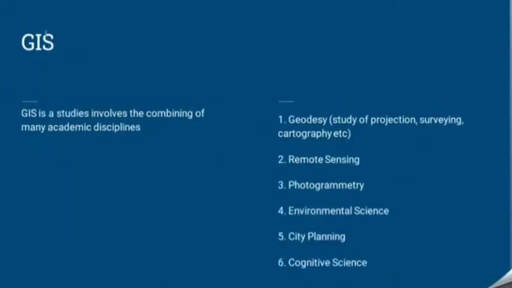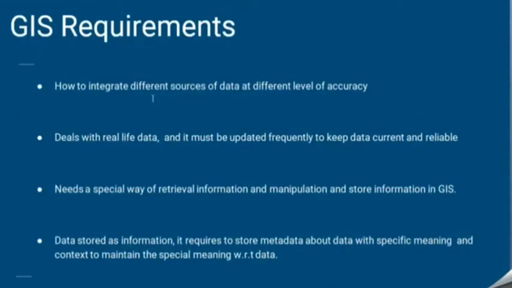These are the subjects where we study GIS. So why do we need a GIS? Because we have different kinds of sources of spatial data and we have to integrate them. It deals with real life, and data is continuously changing, and we need quality data.